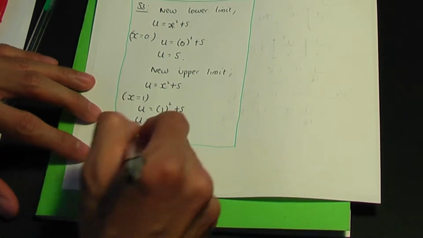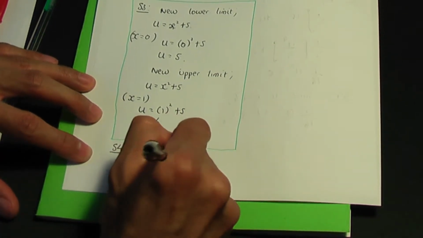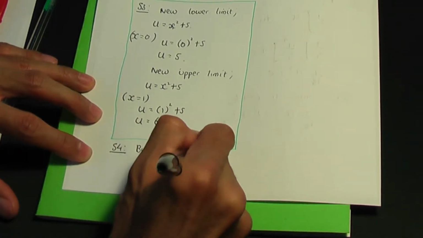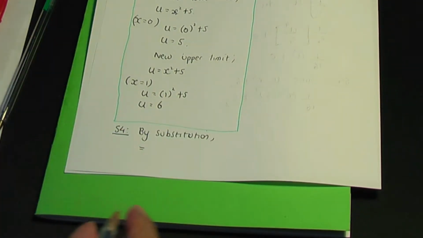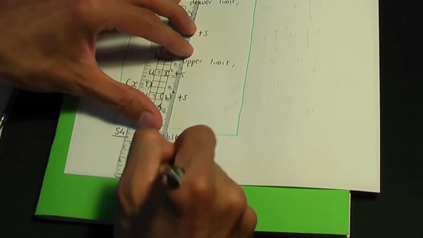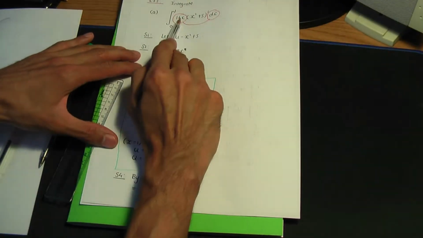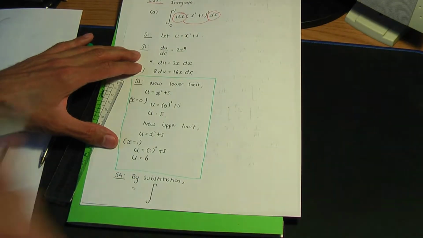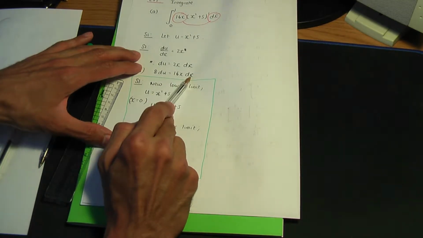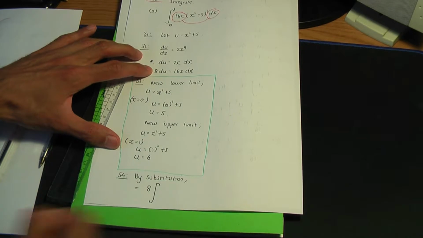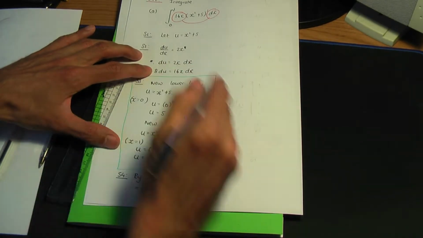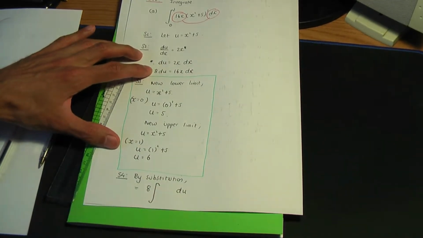Now, the next step: let's rewrite our integral. Let's apply substitution. 16x dx can be replaced by 8 du. I'll write that 8 outside, du as always inside your integral.